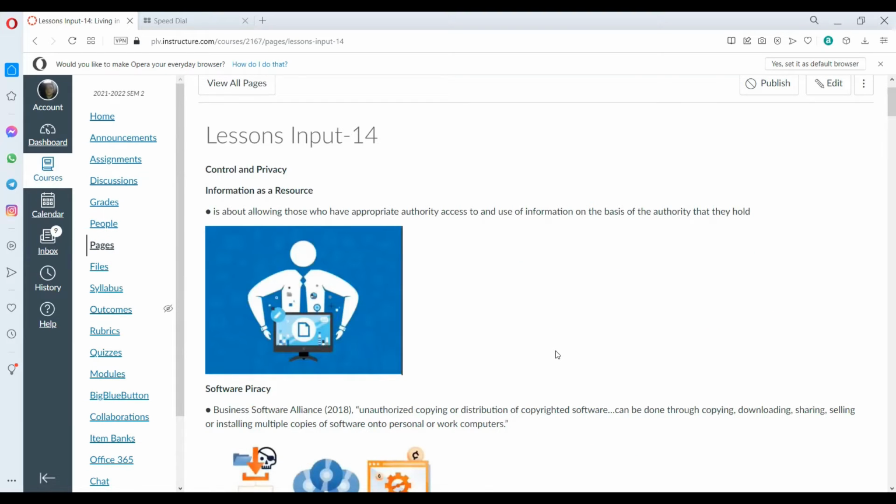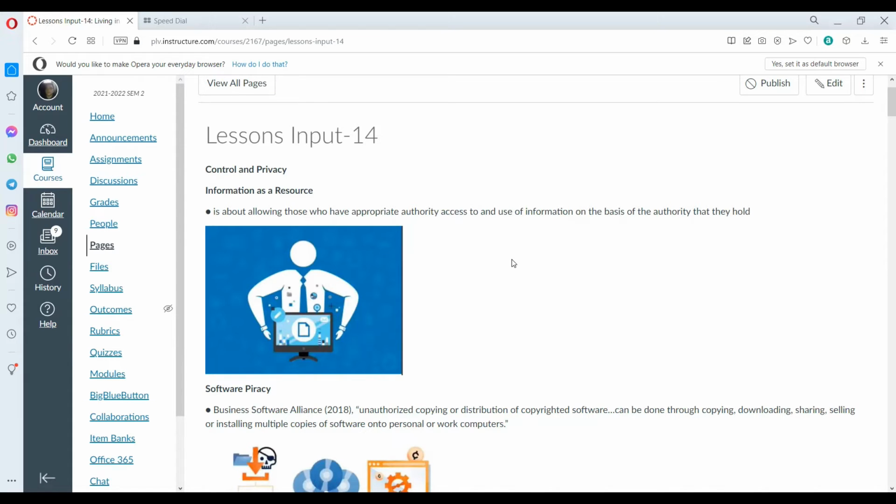Information as a resource. We all know that a resource is something that can be used in order for us to process or manufacture other things. Now, information is considered a resource.